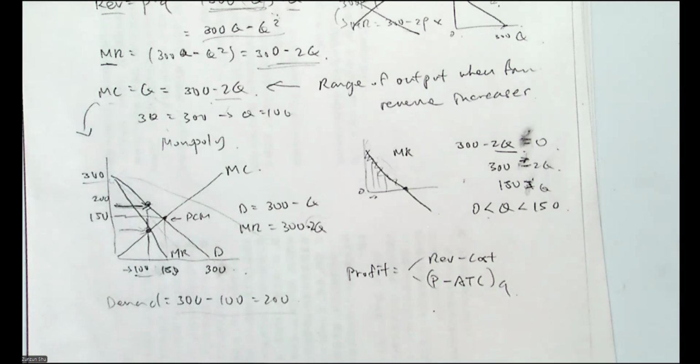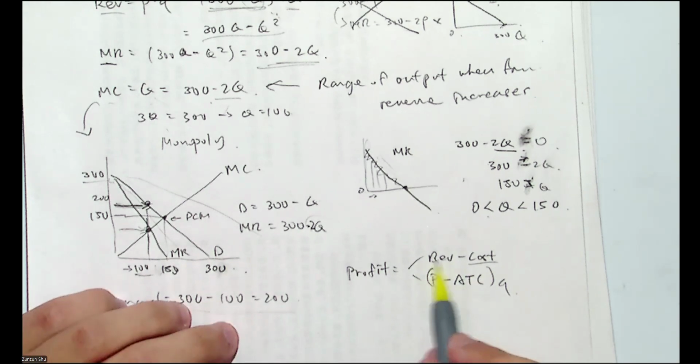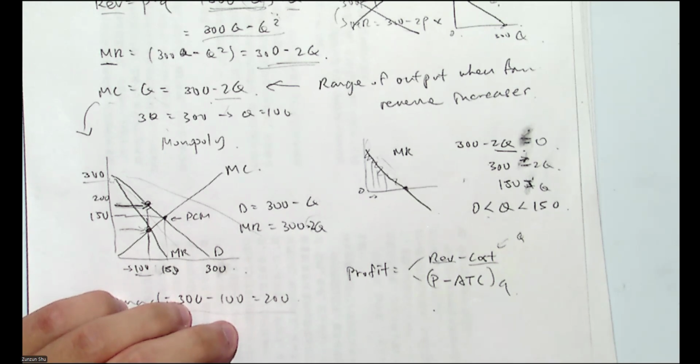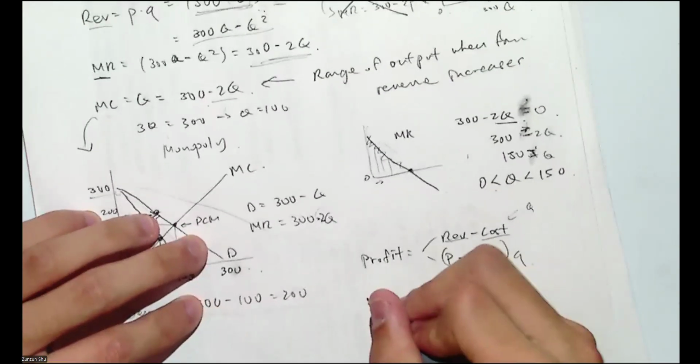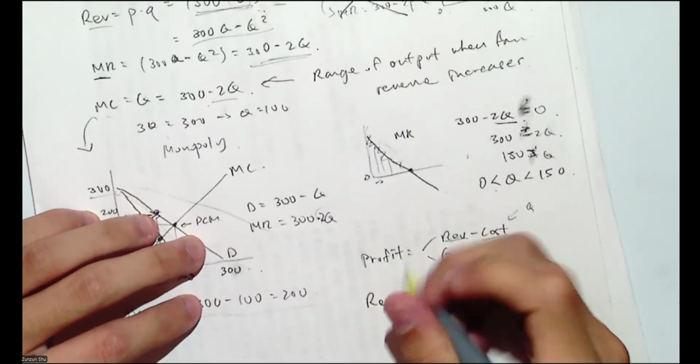It's going to be the first one, because it gives you a cost function already. All you need to do is find the revenue and plug Q into the cost. If you want to find P minus ATC times Q, you need to simplify ATC. So revenue minus cost, that's going to be what?